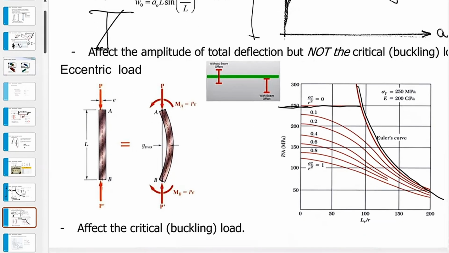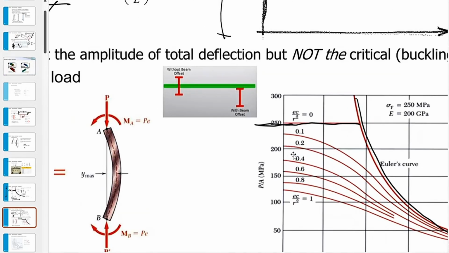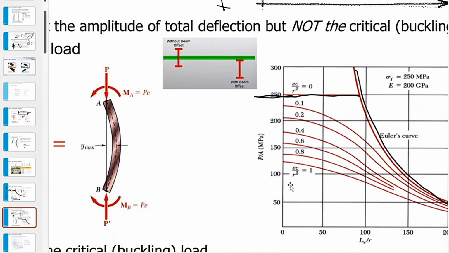So if we have, for example, an offset, here we take into account the different curves with a certain offset, where we have the initial deflection defined by the radius of gyration. So the effect is: how much bending moment do I have compared to my actual load?